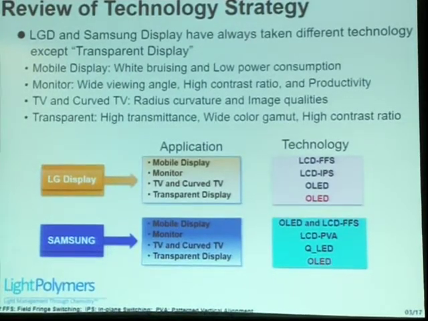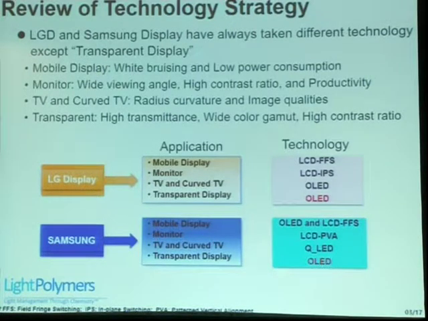In the case of the mobile display, Samsung took OLED technology. LG Display took IPS mode, maybe FFS mode, which is a cousin of the IPS mode. In the case of the monitor and TV, LG Display took the IPS in-plane switching liquid crystal mode, and Samsung took the PVA mode, vertical alignment LCD.